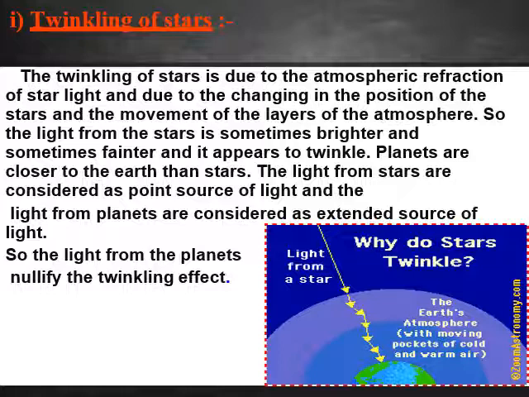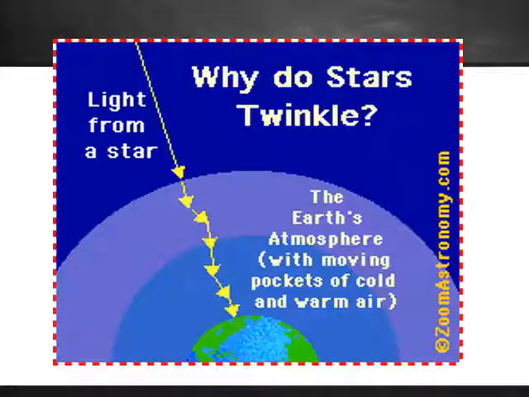Now, planets are closer to the earth than the stars. The light from the stars is considered a point source of light and the light from planets is considered an extended source of light. So, the light from the planets nullifies the twinkling effect. You can see why the stars twinkle.